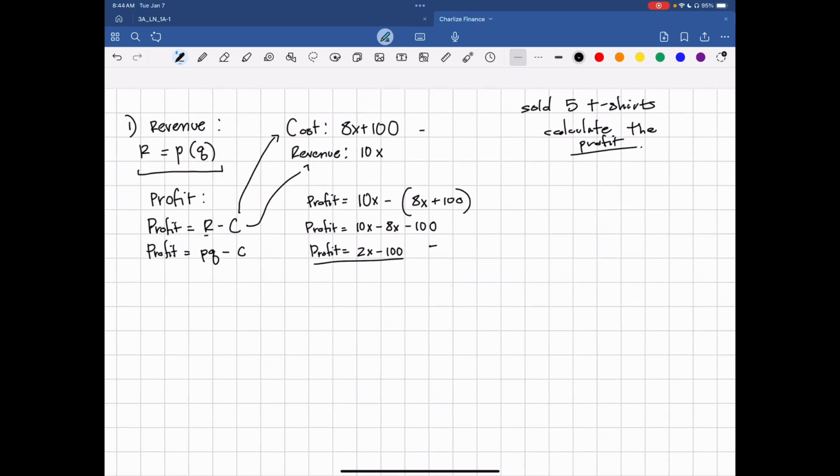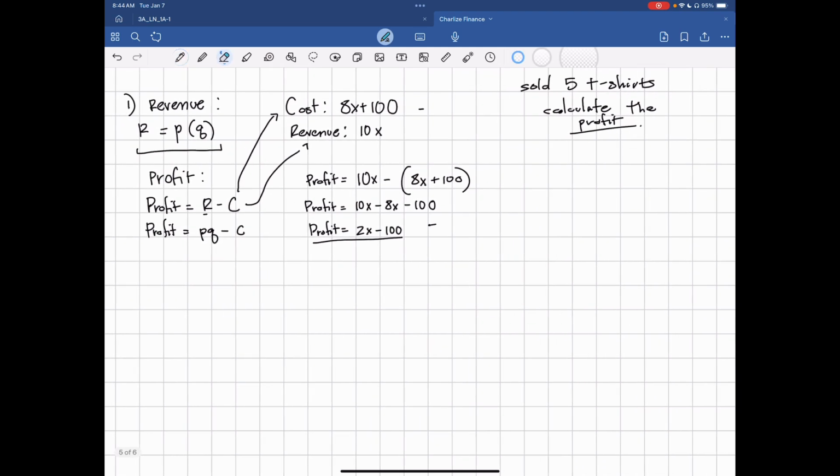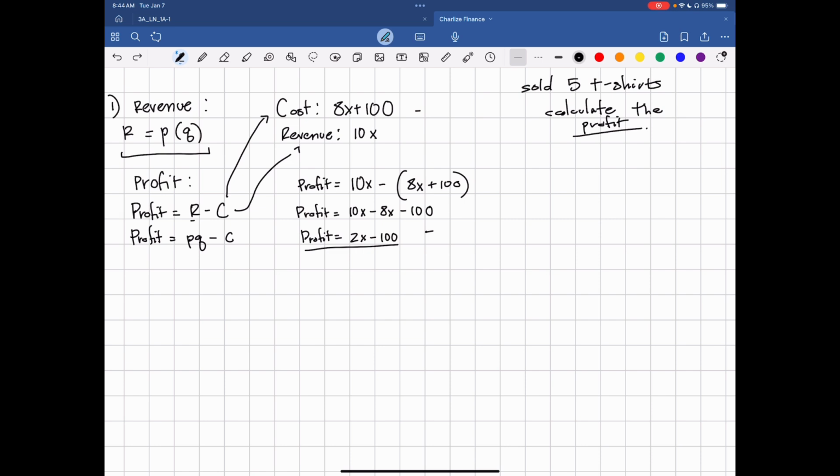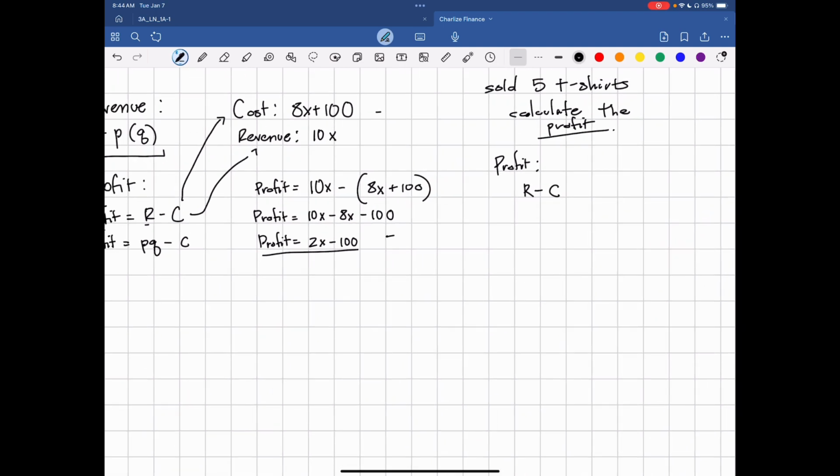So I'm going to calculate the profit number one using this equation, PQ minus C. I'm still using these equations, so the profit is revenue minus cost.